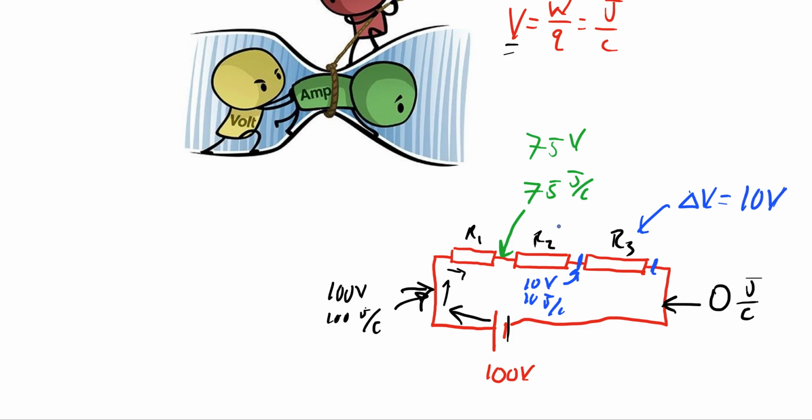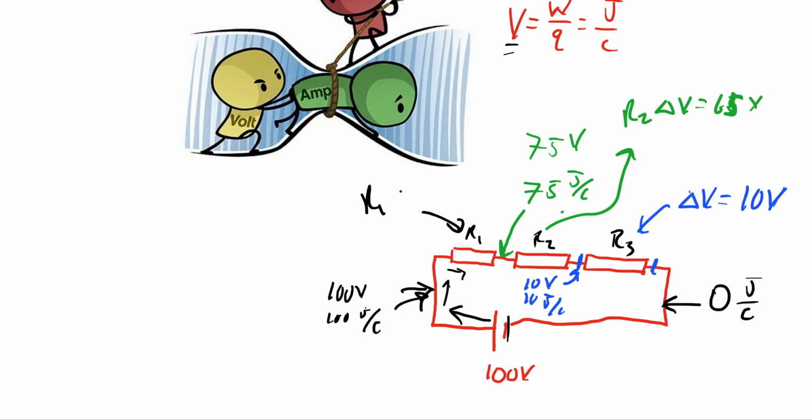What about R2? R2 went from 75 to 10. So R2 delta V is going to be 65 volts. That's 65 volts. And then R1 is going to be 25 volts.